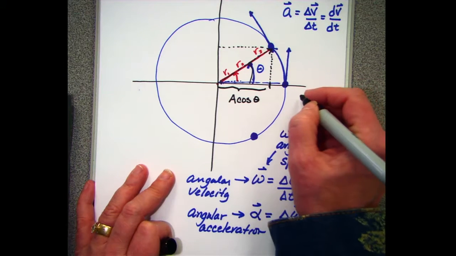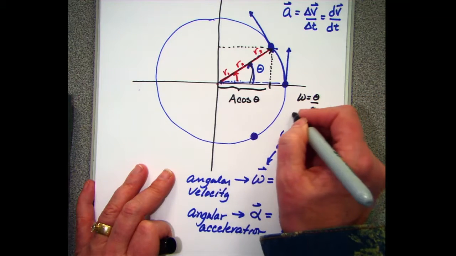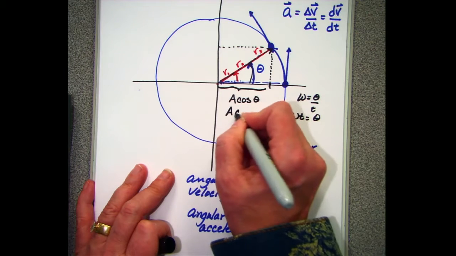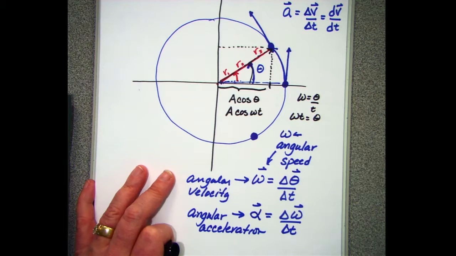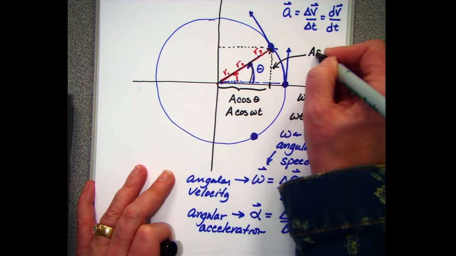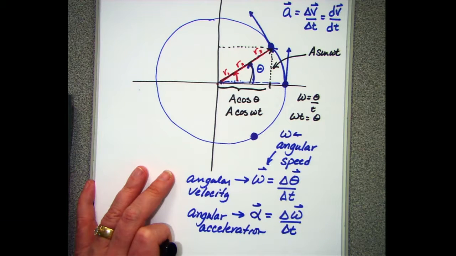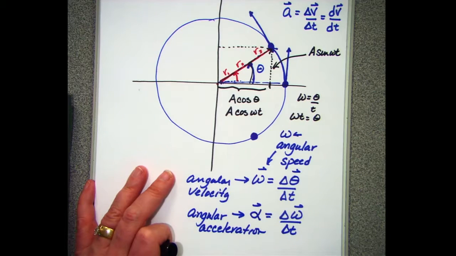Omega times t is going to be equal to my angle, and this actually becomes a cosine omega t. So we can start looking at those individual components. Now this side over here is a sine omega t. So as we go around that circle, we can start representing our angular motion as well.